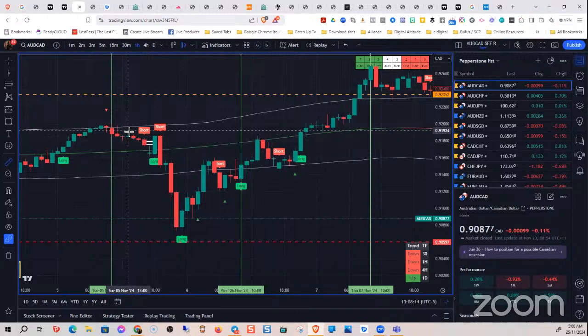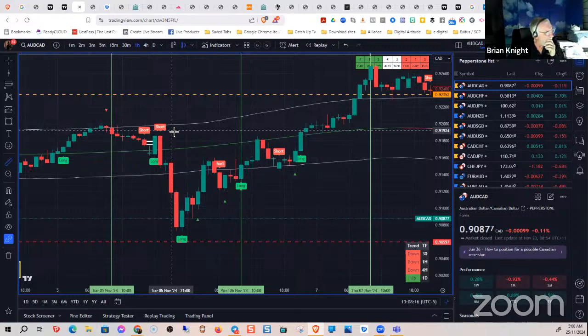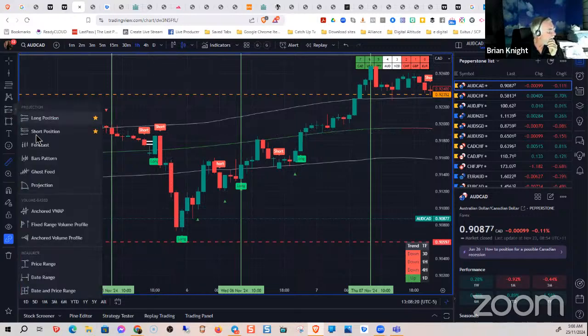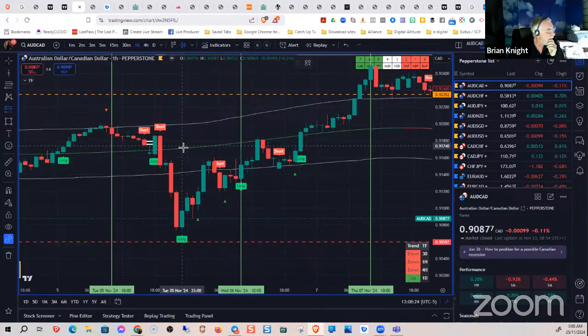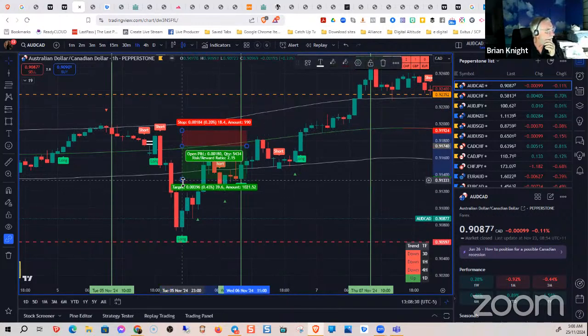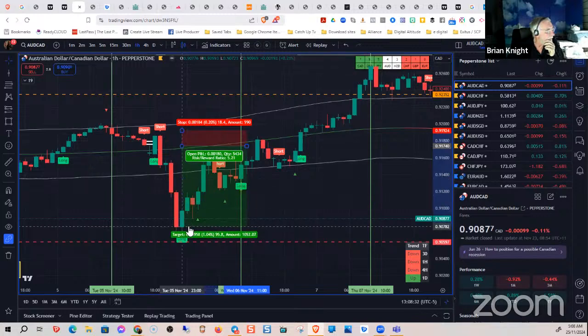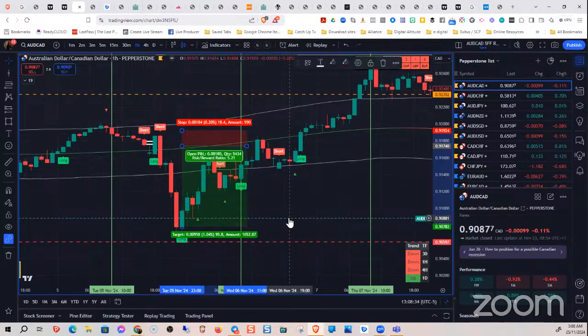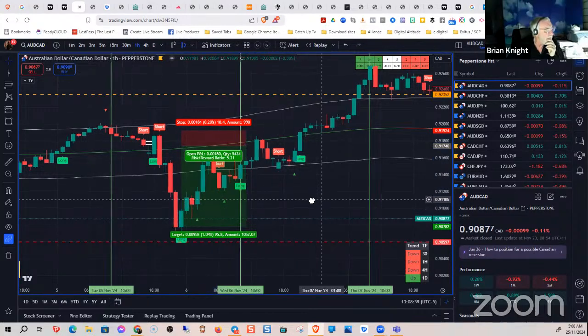That would be your stop at the top of that green wick. Okay, so you would do a short on that. That would be your entry, and this would be your stop loss. Wow, that's pretty good. Okay, that's one example.